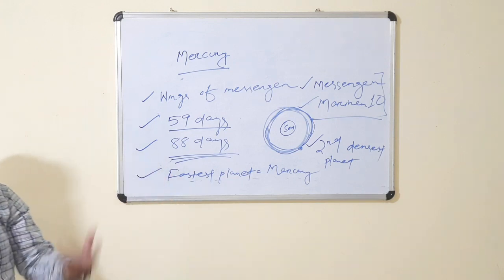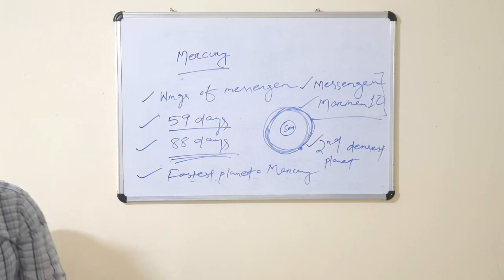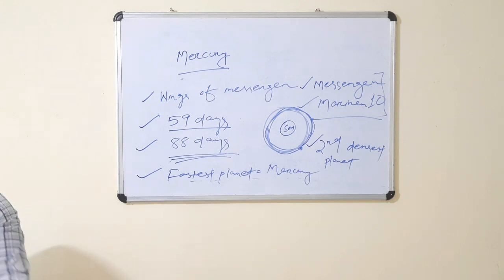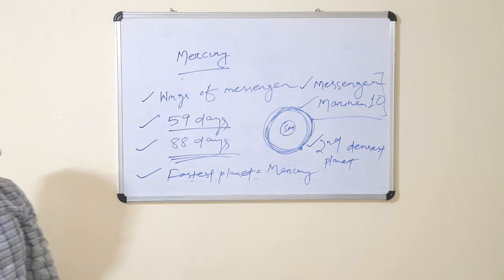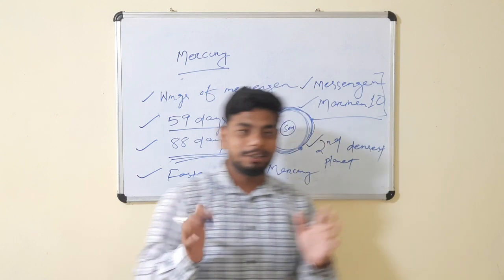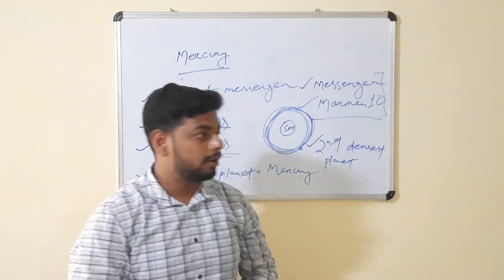Only slight exospheres are there. There are no rings around Mercury, and it has very extreme temperatures. Clear? Take time, write it down.